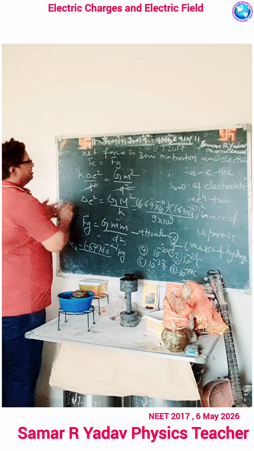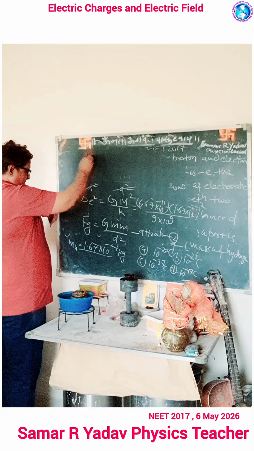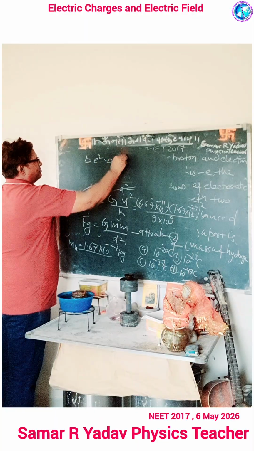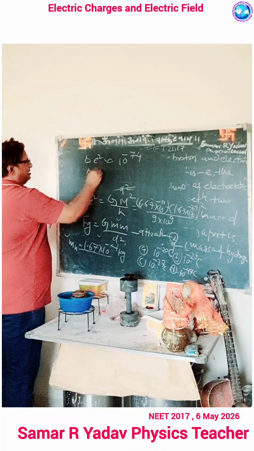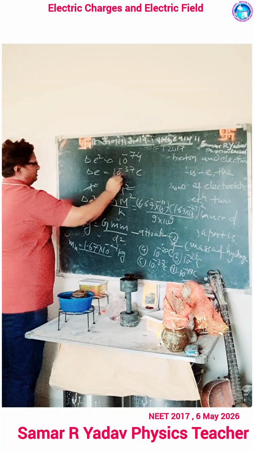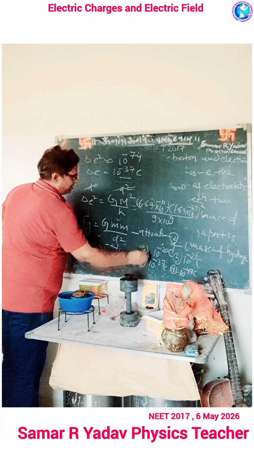Now simplifying this, we get delta E square nearly equal to 10 raised to power minus 74. Therefore delta E is equal to 10 raised to power minus 37 coulomb. The correct option of this multiple choice question is C.